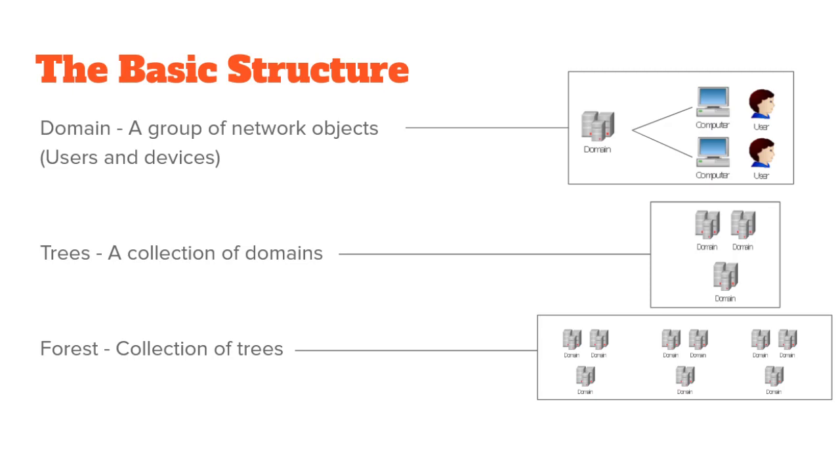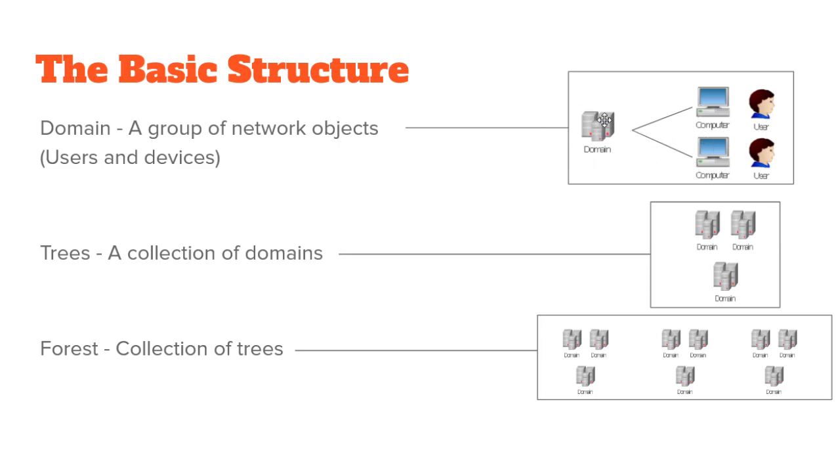So the basic structure of Active Directory is we have domains, trees, and forests. A domain is a group of network objects, so think users and devices. Say you have two computers and two users for each computer. They are not local to the computers themselves, but they can sign on, and that's a domain.